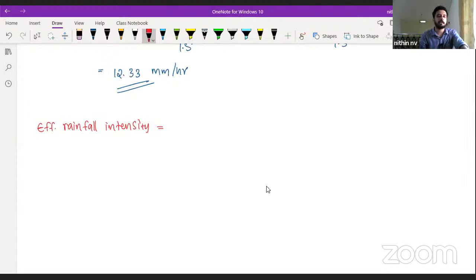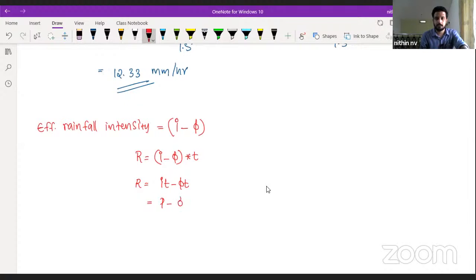So the runoff intensity, we can also write it as I minus phi. Understanding? Or the runoff value, we can write it as I minus phi into time. This is nothing but actually our phi index. You see, R is equal to I T minus phi into T. So what is this I into T? Precipitation.